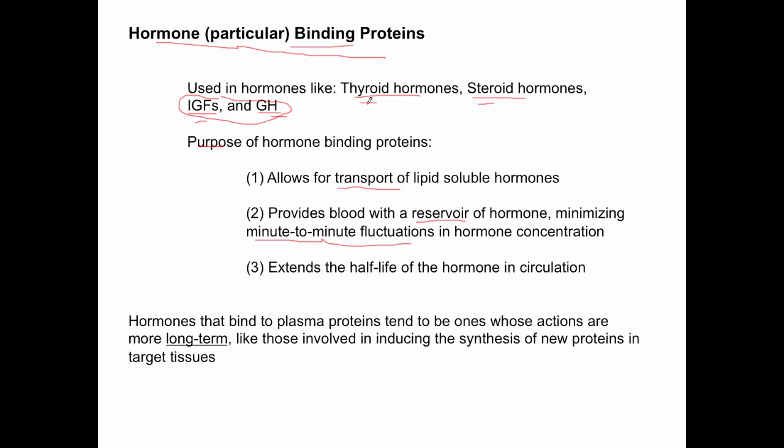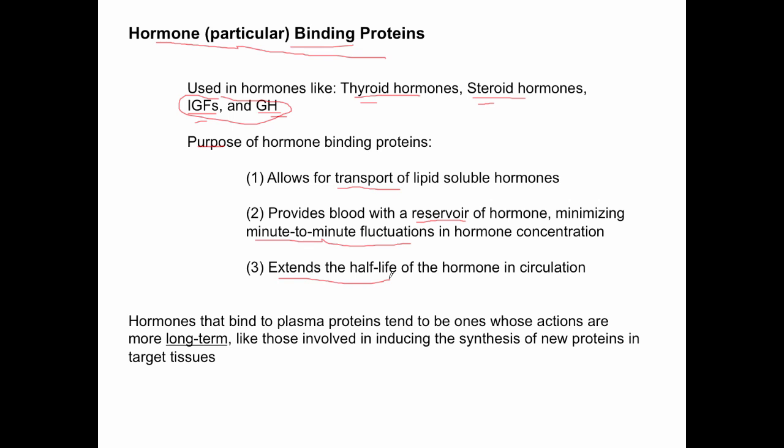So for all of these hormones that I mentioned, they bind to their particular binding protein in order to produce this sort of stable plasma concentration and this reservoir of hormone. It's really almost a very creative way of storing the hormone in circulation. Okay? And by binding to these proteins, it also extends the half-life of these hormones. So they get removed from circulation at a much slower rate than they would if they didn't have these binding proteins.